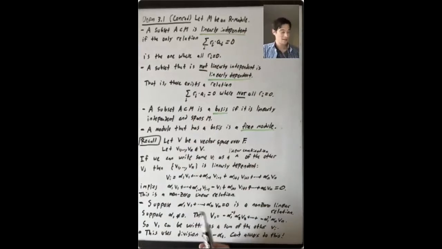So when you're in a vector space, if you can't write any of the vectors as linear combinations of the other vectors, then your set is linearly independent. But that property is not going to be true in general.